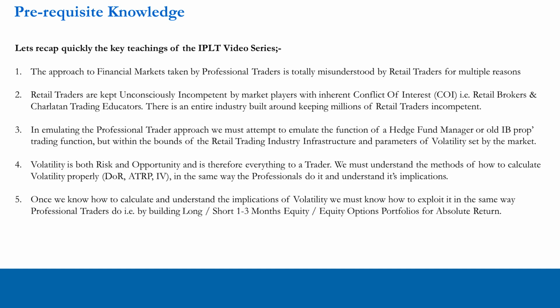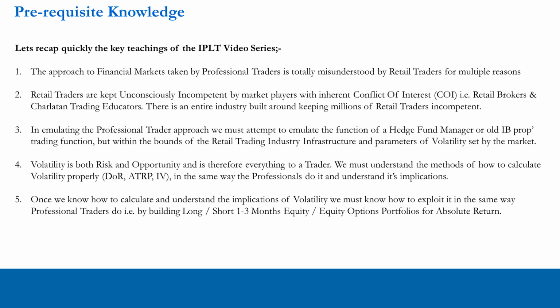Okay. On volatility, what did we learn? Well, volatility is both risk and opportunity, which means it's everything to a trader. Volatility is the most important thing for a trader. We have to understand the methods of how to calculate volatility properly.